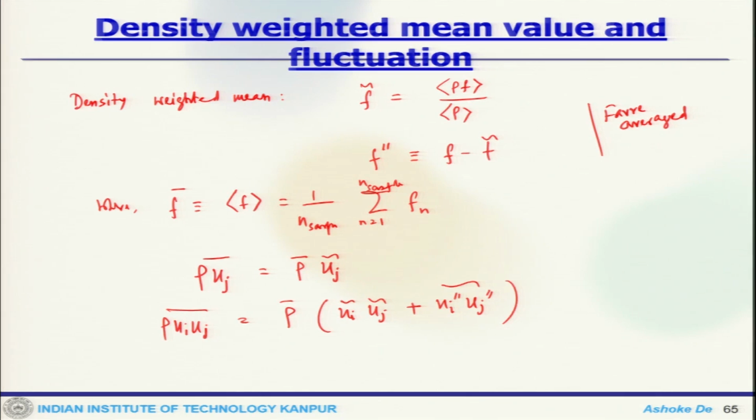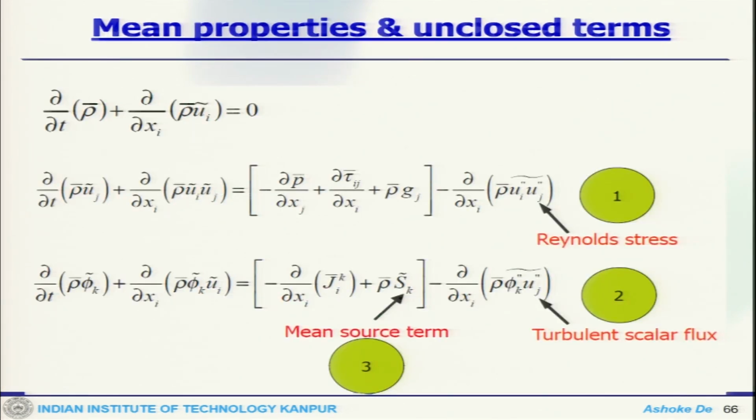Now, we can see these mean properties and the terms. The whole idea is that my governing equations, based on this Reynolds averaging or Favre averaging or density weighted averaging, would be transformed again. Once we do that, this is my continuity equation. Now, instead of u bar, this would be u tilde.